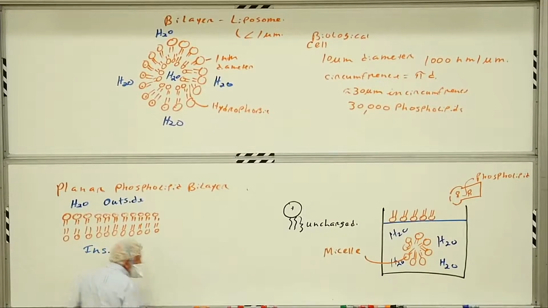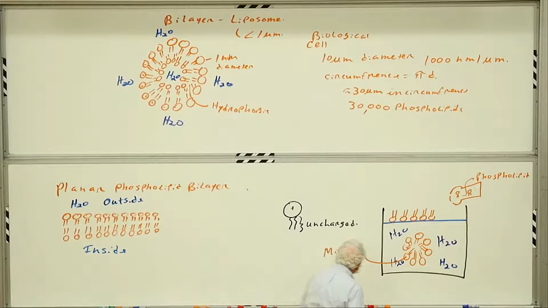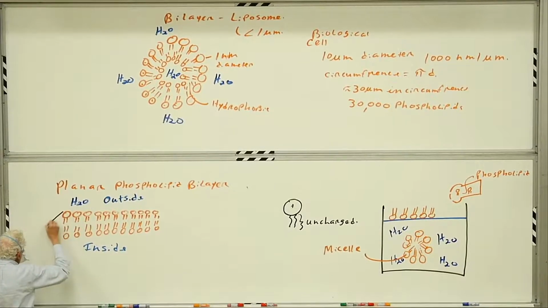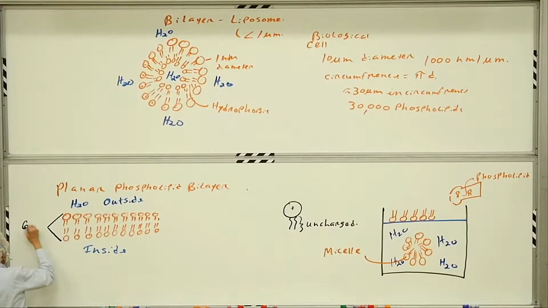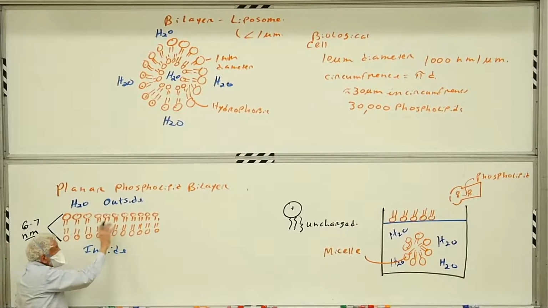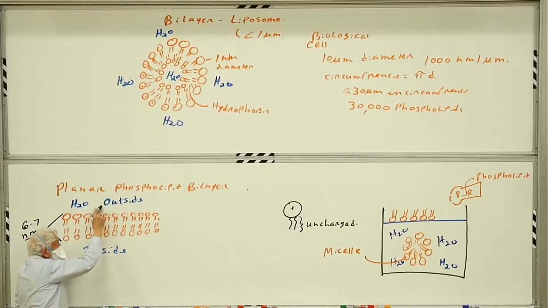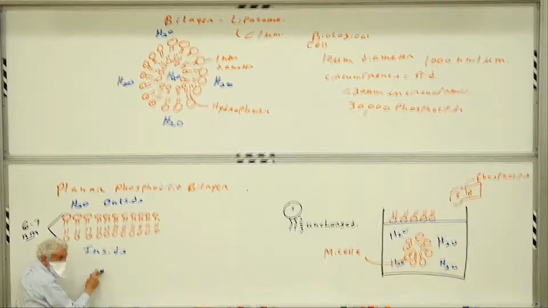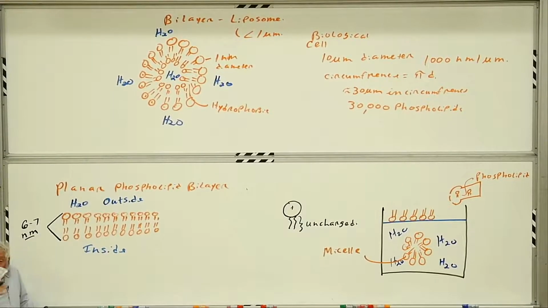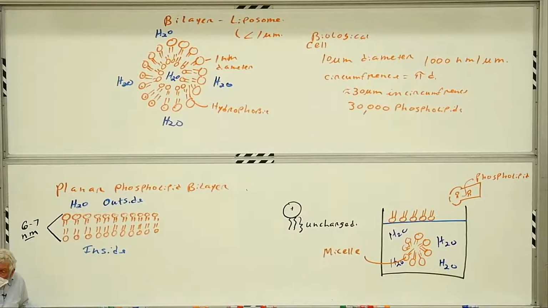Now, I'll never ask you to know these numbers, but I think it's instructive to recognize that the width of this phospholipid bilayer is in the neighborhood of about 6 to 7 nanometers. It's pretty darn small. So we have this very thin phospholipid bilayer separating the outside world from the inside world. And yet, for biology to function, we need to be able to move ions from one side of the membrane to the other.